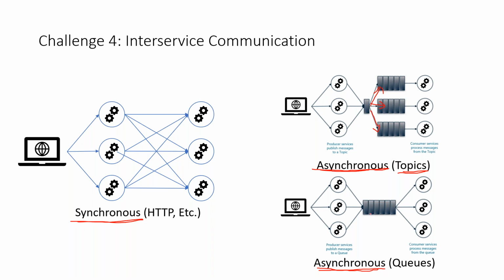Or you can do one-to-one through a queue, which allows multiple front ends to publish to that queue, and then there are multiple consumers on the back end that might be listening on that queue to read those messages off the queue and then process them. And this is asynchronous in that the front end is not expecting a response back from whatever process is in the back end.